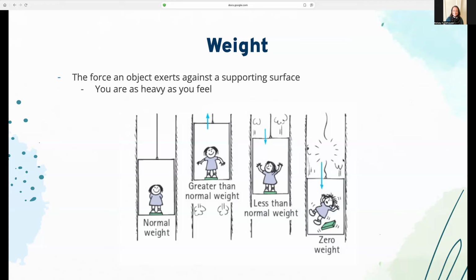And then this final example is when the cable breaks and the elevator is in free fall. In free fall, you feel weightless because there are no support surfaces holding you up and making you feel your weight. Weightlessness is really just falling.